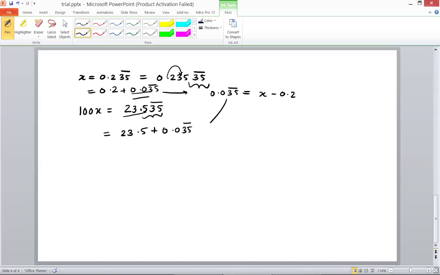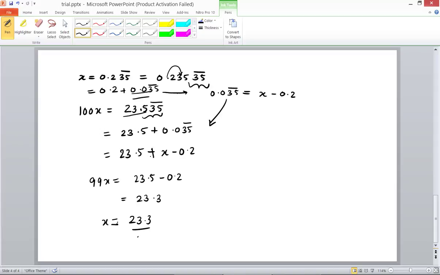I will put in this value here. So this will give me 23.5 plus x minus 0.2. When I take x on that side, 99x is equal to 23.5 minus 0.2, which is equal to 23.3. So x is equal to 23.3 divided by 99, which is equal to 233 upon 990.